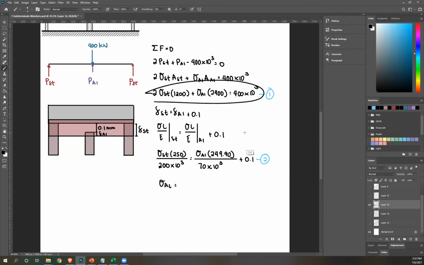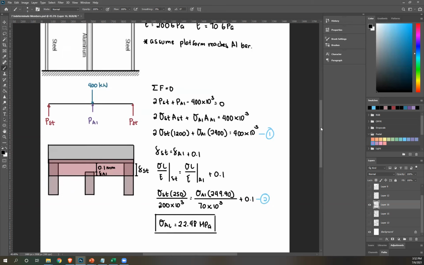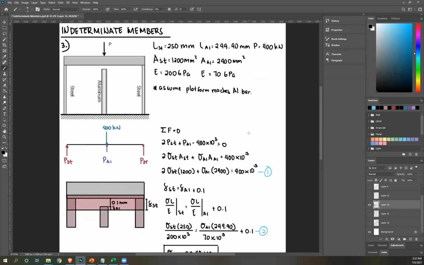Again, two equations, two unknowns. You can rewrite this in a more simplified manner if that helps you out. But to make things quicker, you can just use this. So the answer was 22.48. All our units in Newton millimeter, therefore stress is MPa. So that's number 3.